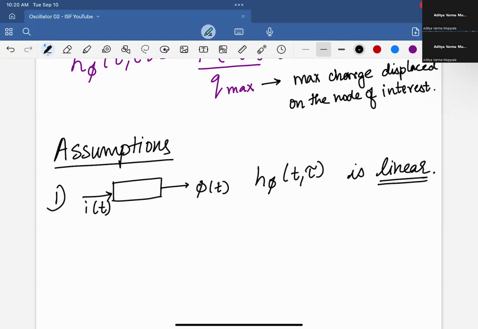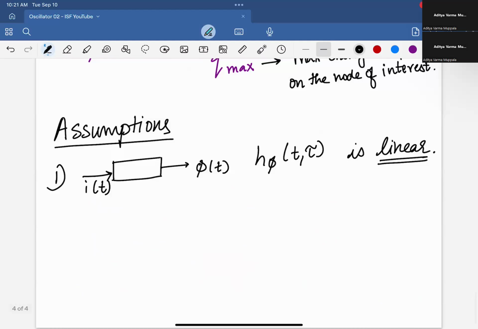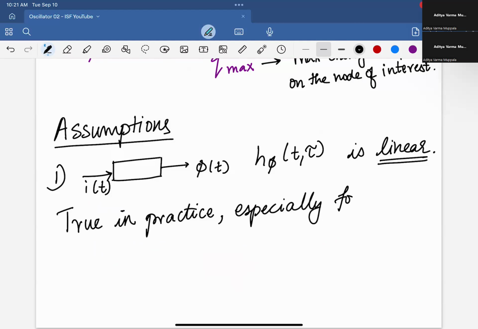And that's why it can be characterized completely by an impulse response. What do I mean by that? I mean that when i of t scales, phi of t also scales by the same amount. It's kind of a big assumption, but you can show that in most cases this is true in practice, and I should say especially for noise analysis or phase noise analysis.